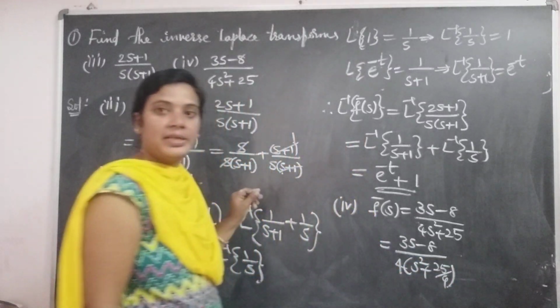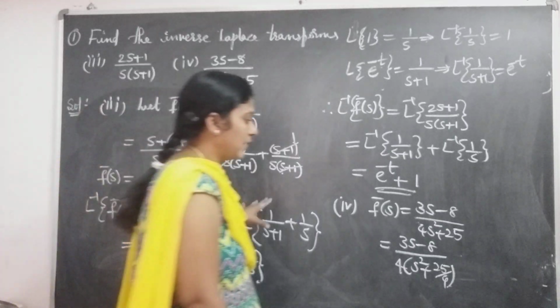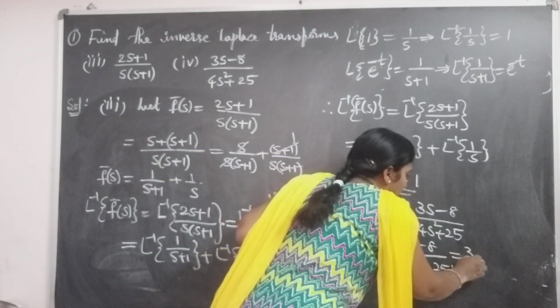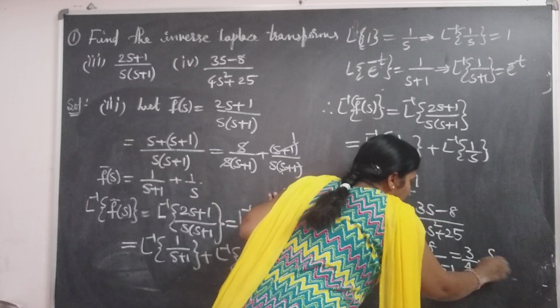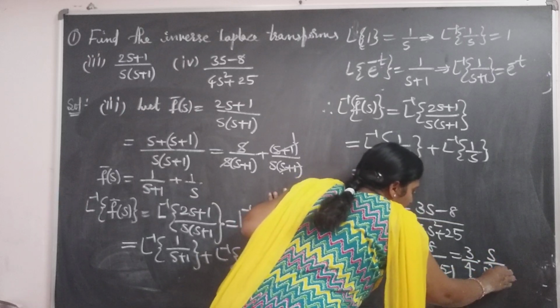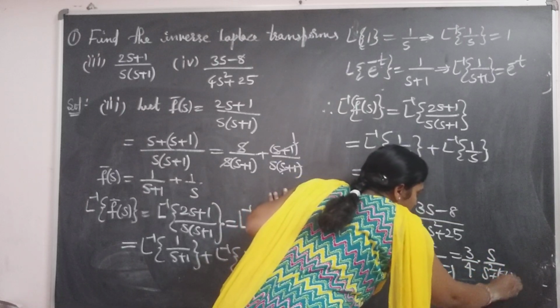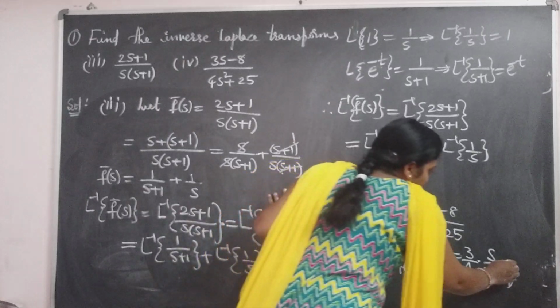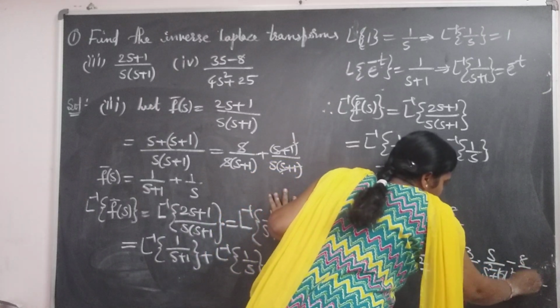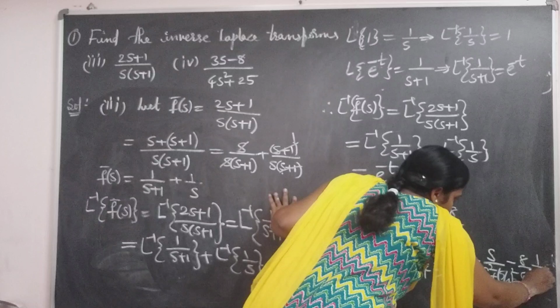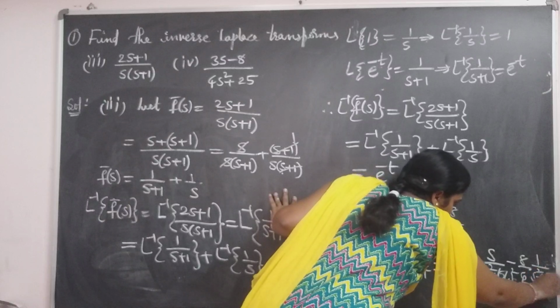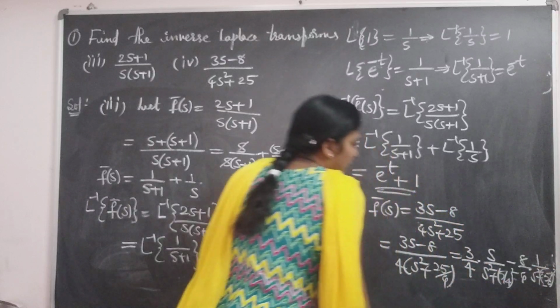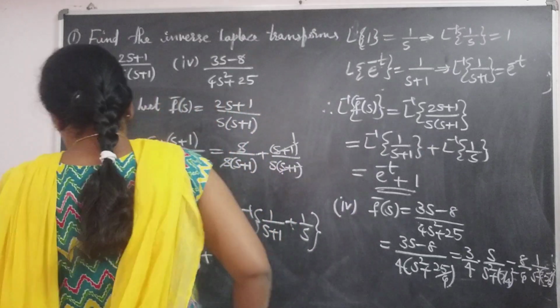Here 25 is a perfect square, 4 is also a perfect square. It is equal to 3 by 4 into s by s square plus 5 by 2 whole square minus 8 by 4 into 1 by s square plus 5 by 2 whole square, or 25 by 4.